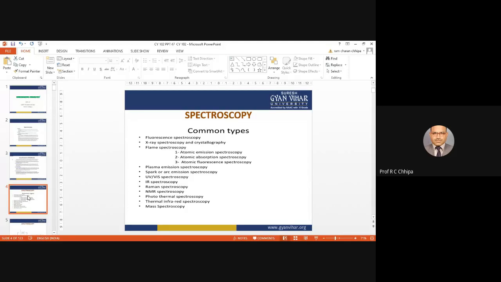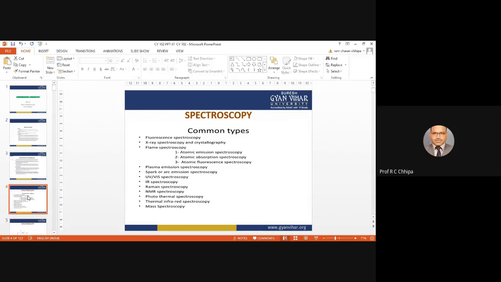So in the case of fluorescence spectroscopy, first of all the radiation is produced from the source, and that radiation passes through the material, through the boundary wall, the white coating of the tube light, and that fluoresces the radiation.